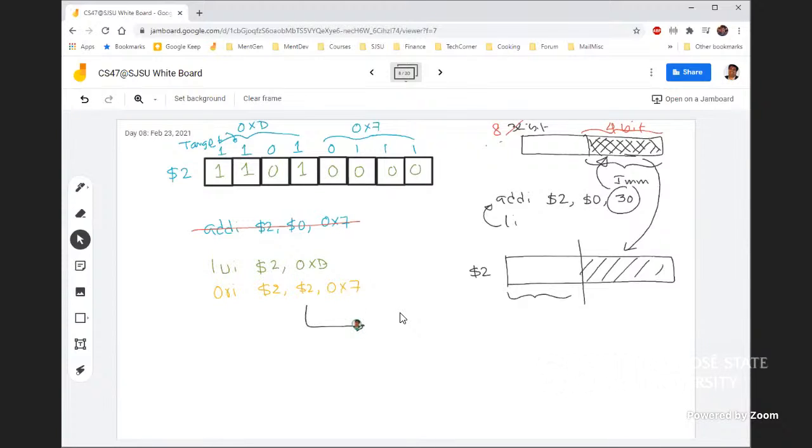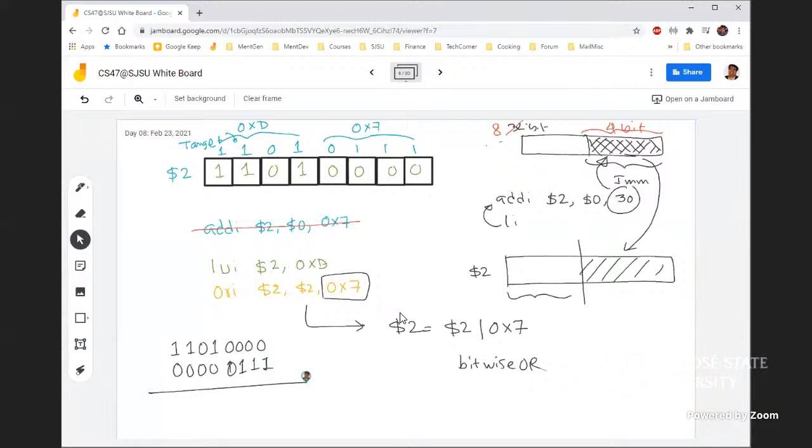this really means you are taking the bit pattern of register 2 and logically ORing it, bitwise OR, with this, right? So essentially, my $2 value, previous value was 1101 0000, and I am trying to OR it with 7, which is 0000 0111.